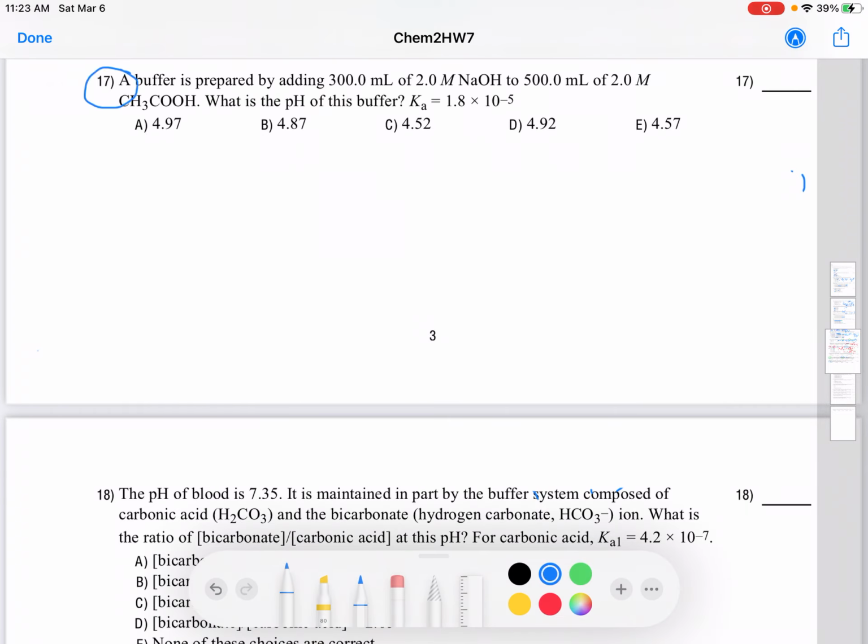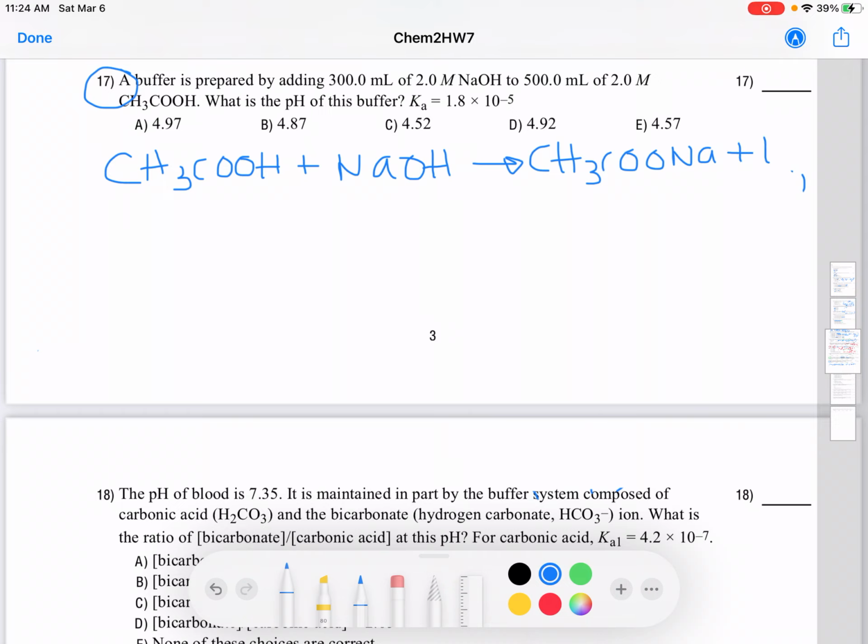Okay. Again, a buffer is prepared by adding 300 milliliters of sodium hydroxide to acetic acid. So we're going to react acetic acid and sodium hydroxide. CH3COOH plus sodium hydroxide is going to give you sodium acetate plus water.